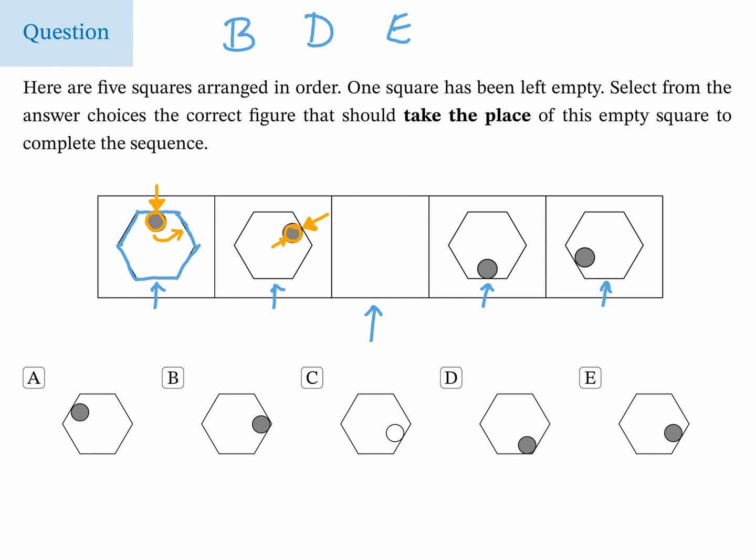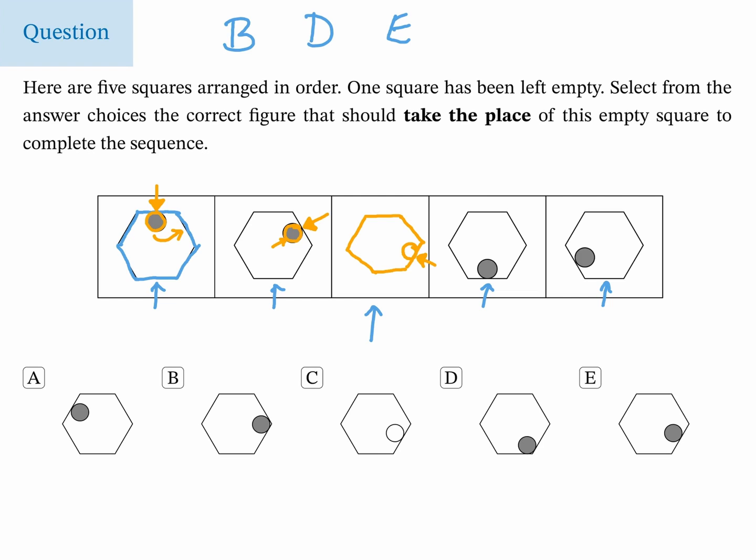That's why we see it here. So we can imagine that in the missing box, we'll also see a white hexagon. But this time, if the circle is moving following the same pattern that we noticed from the first two boxes, we might expect it to end up here, touching the middle of this face, because it's moving clockwise around the inside of the hexagon.